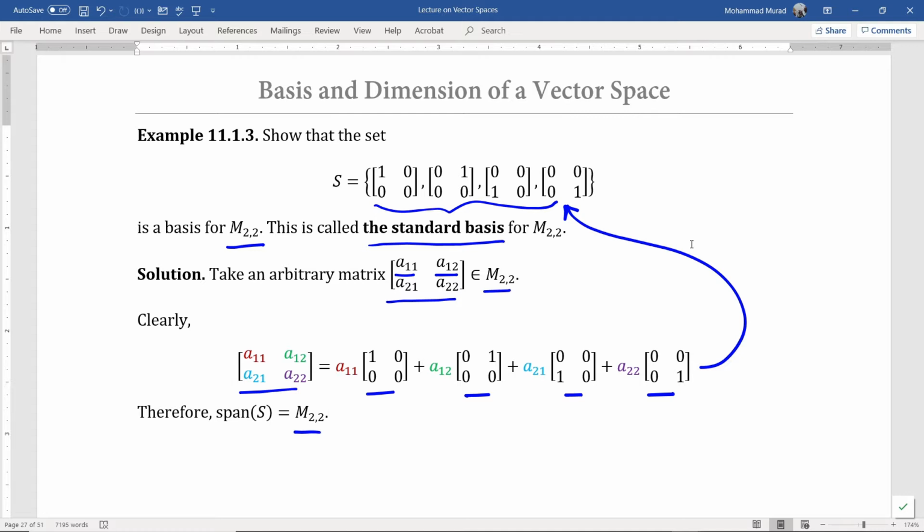In order to complete the proof, we must show the set S is linearly independent.